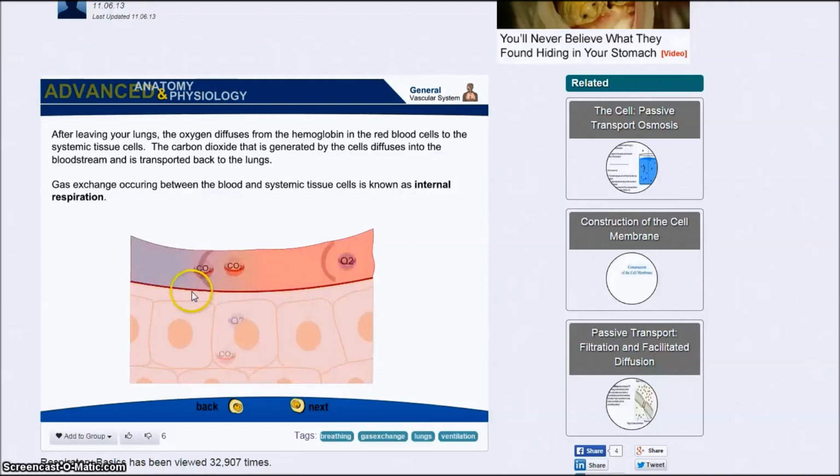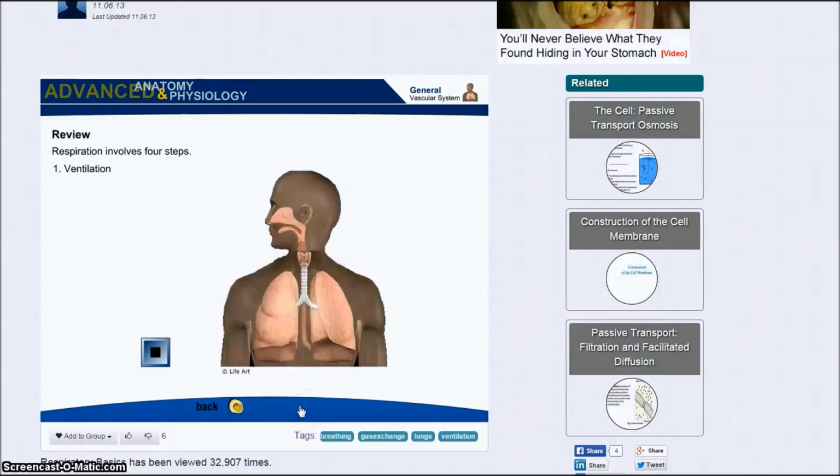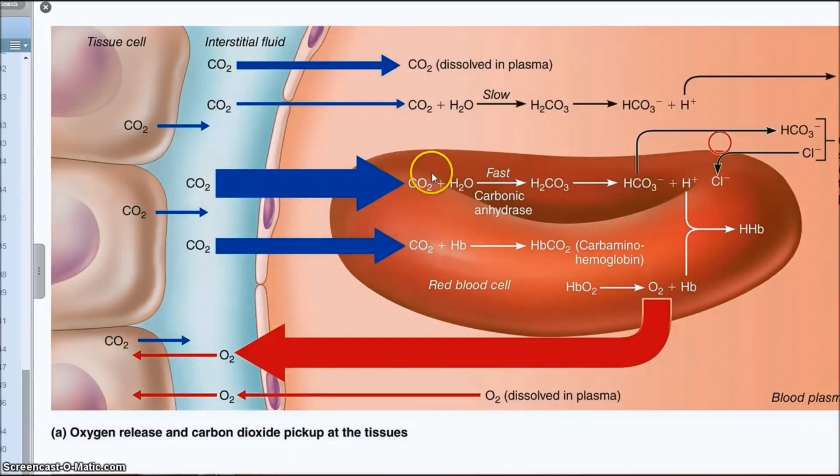So oxygen's jumping onto the hemoglobin and CO2 is jumping out of the plasma back into the air sacs so that you can breathe it out. That's what's happening. Okay, so you breathe in and then you breathe out. But we're looking specifically at the gas exchange.